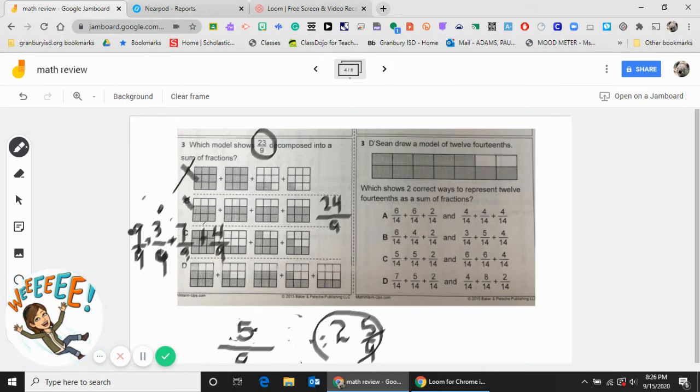So we've got 7 and 9, real quick math, 16. And I've got an answer of 23 over 9. There's my answer. It matches that one. I've automatically shown my work, and C is the answer.